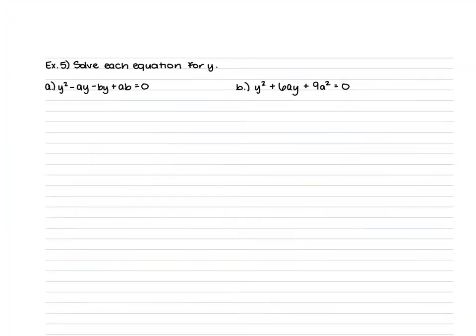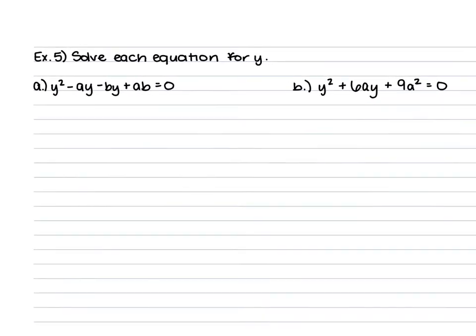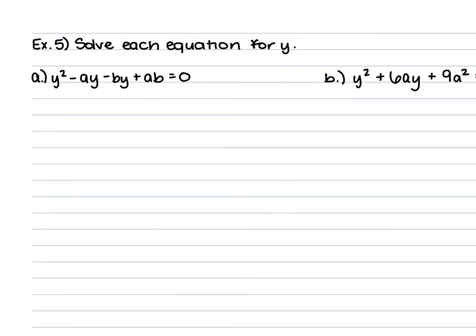Our next set of examples, we are told to solve each equation for y. For example 5a, we're given y squared minus ay minus by plus ab is equal to 0. Our whole idea is to get y by itself. On the left side of this equal sign, we have 4 terms, so we are going to factor by grouping. For the first set of parentheses, we can factor out a y.